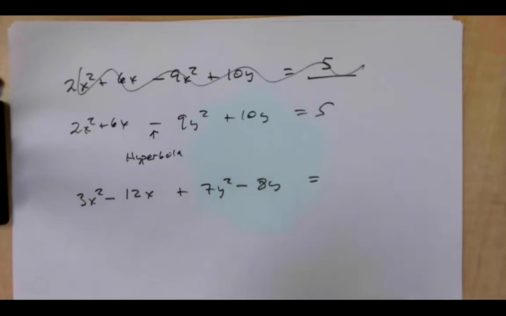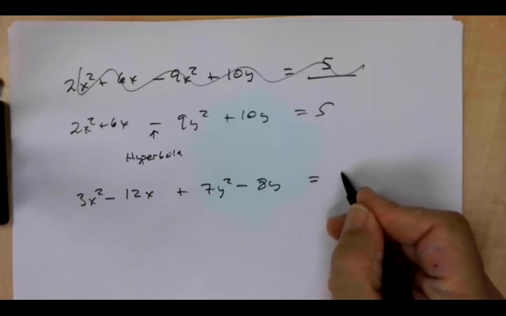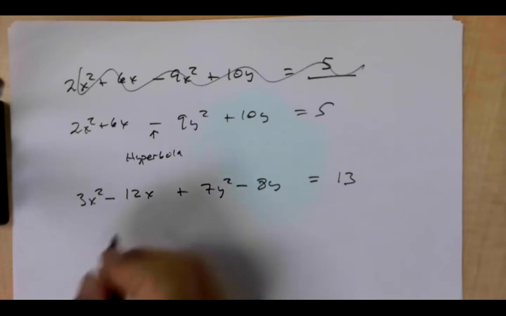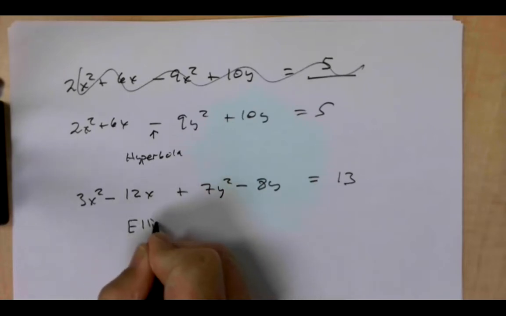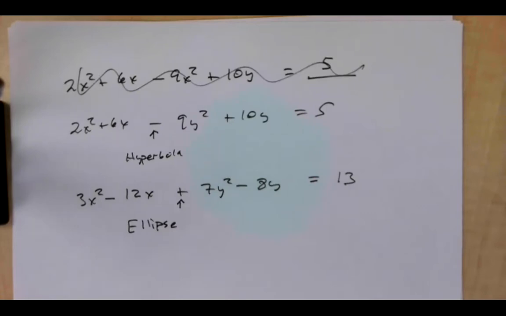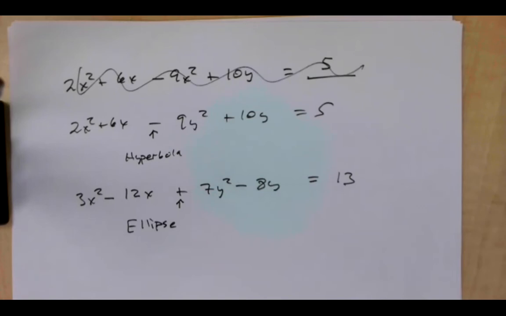And again, assuming that we actually get a graph of something, that we have a positive number on this side, like 13. What is this shape? And the answer to that is this will be an ellipse. And the key idea is there is a plus sign there. So the x squared is positive, the y squared is positive. That will make that an ellipse.